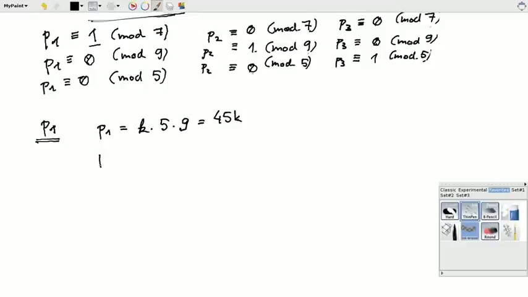And also from the first congruence, P1 is equal to 7 times some other constant L plus 1. That is just the first congruence, P1 is congruent with 1 modulo 7, rewritten into an equation.